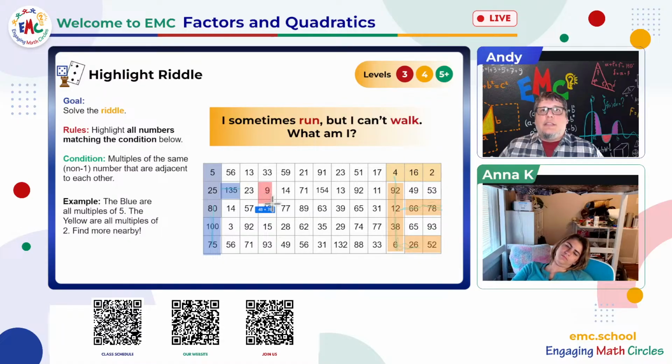I see 9 and 18. Do you see anything else I can add to it? 118. No, but does this count? It will if there's another one here that shares. Well, let's see. 71 is not divisible by 7, but is 59? I don't think so. So diagonals don't count. They have to be adjacent to each other.